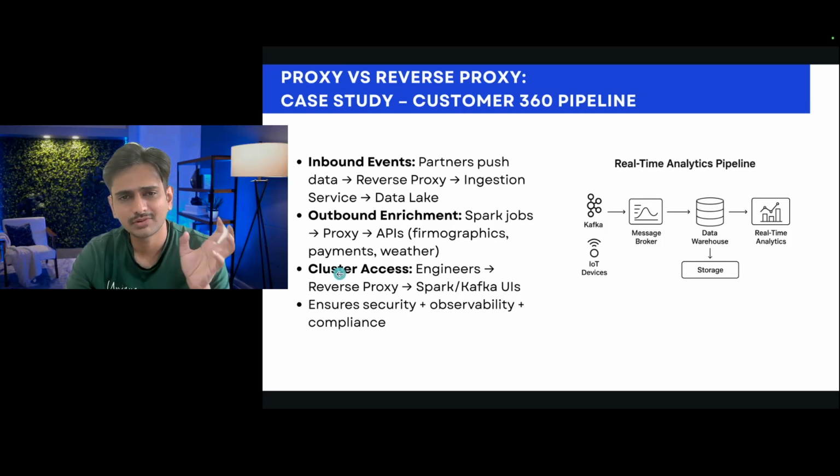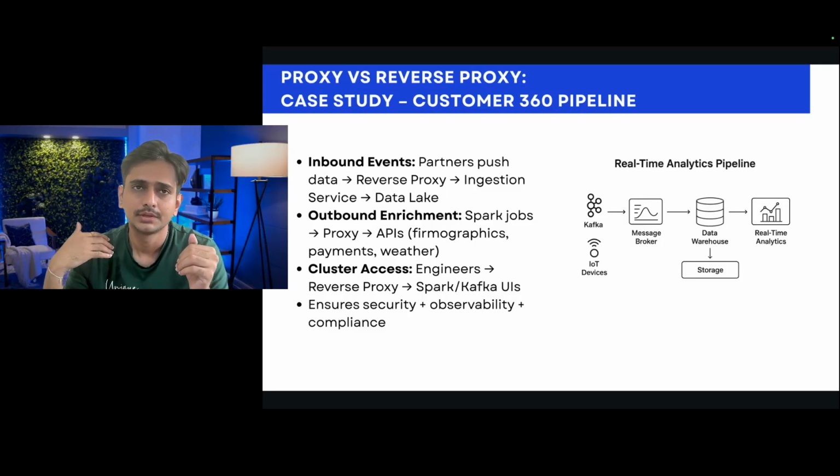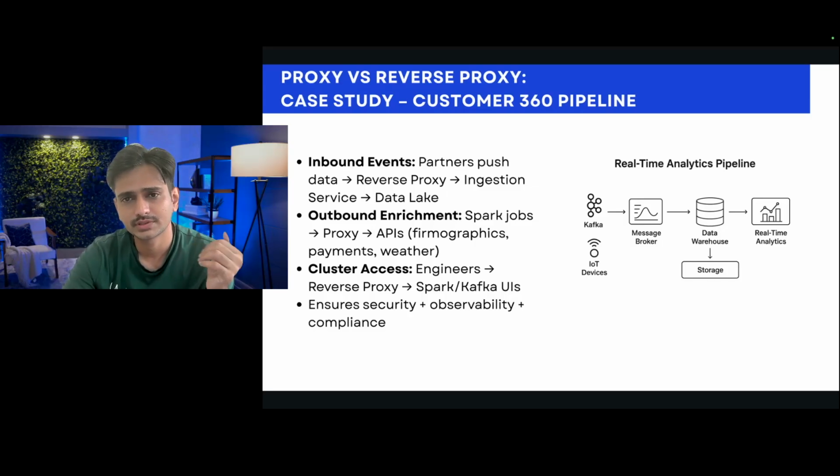And finally, you have cluster access, like when engineers access the Spark UI and Kafka APIs, via reverse proxies like NGINX, ensuring that the clusters are never directly exposed. So that is why you see Databricks, you talk about Azure, AWS resources, right?